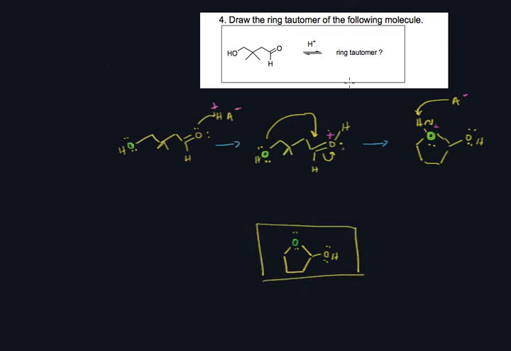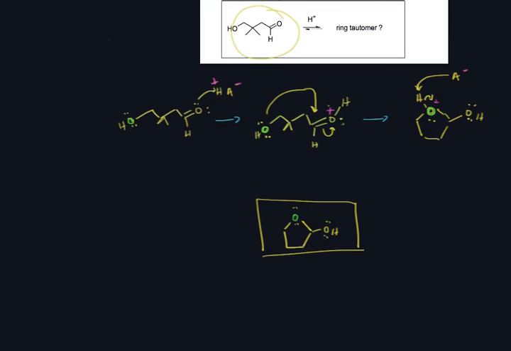That's the ring tautomer that can be formed from this starting reagent. It's a hemiacetal, which is a little more stable than a compound that has an aldehyde and an alcohol in it.